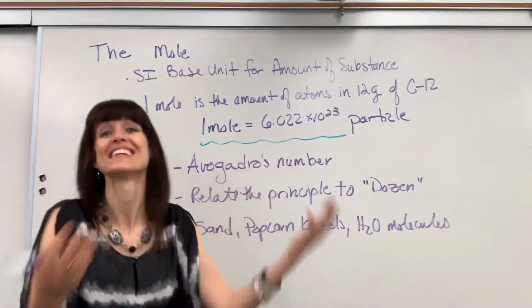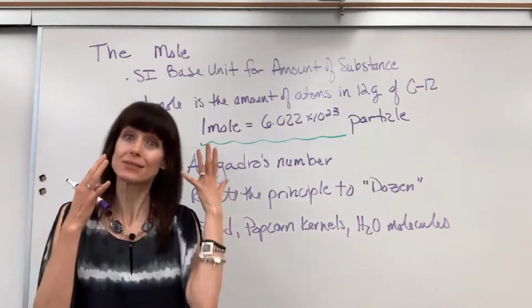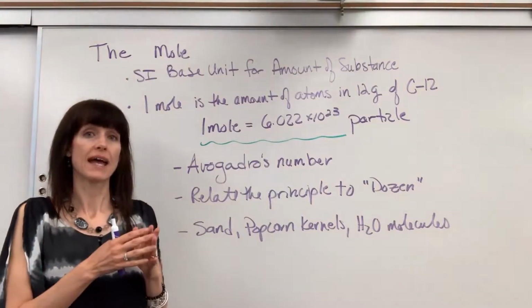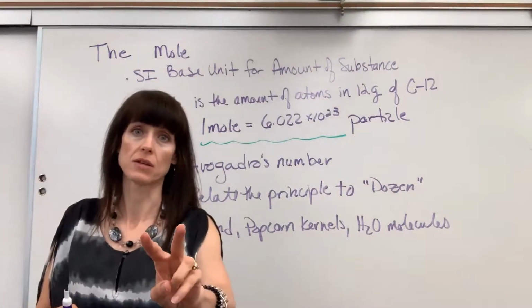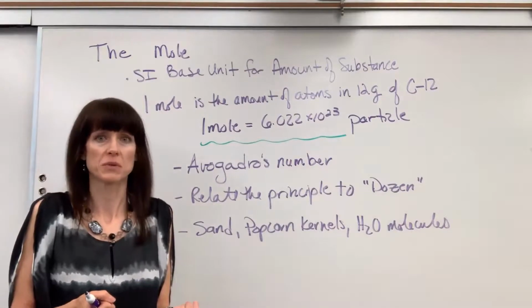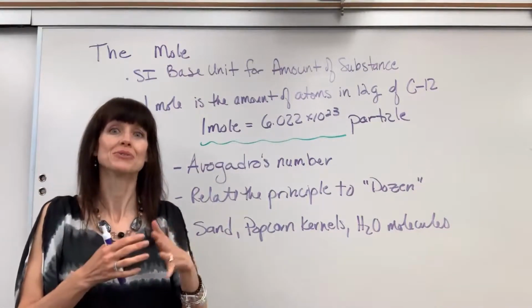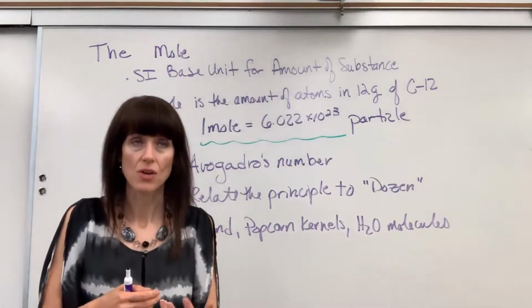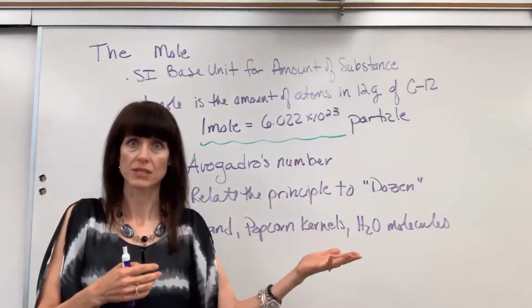I can have a dozen kids, a dozen eggs, a dozen computers, a dozen pencils. If I say I have 2 dozen eggs, I just multiply that by 2. I have 24 eggs. If I have 3 dozen pencils, 3 times 12, I've got 36 pencils.